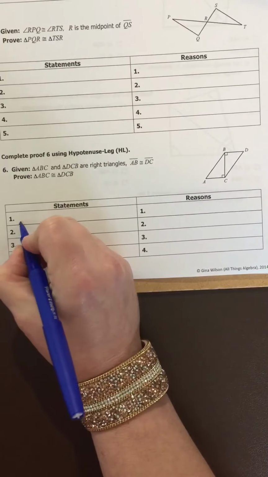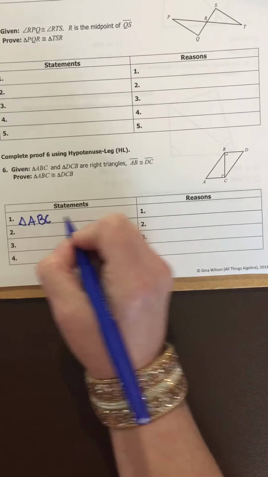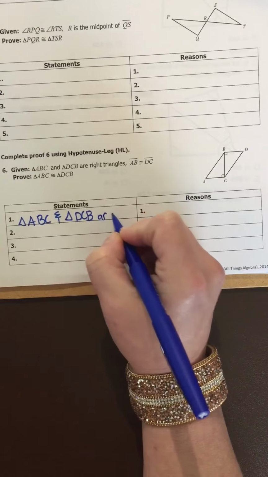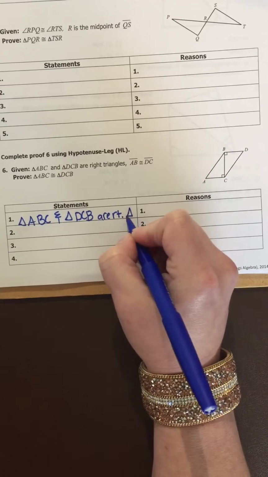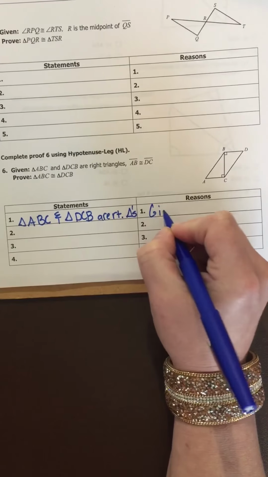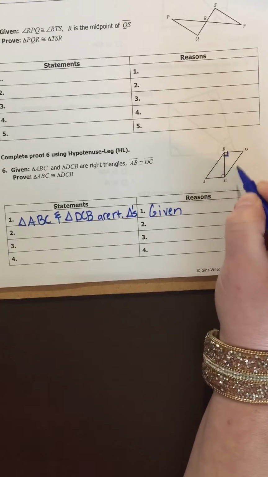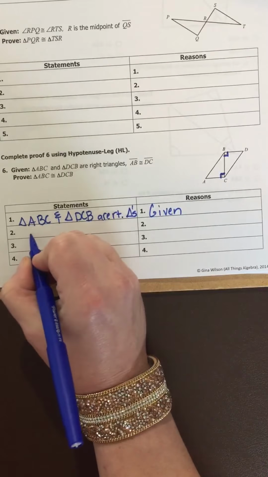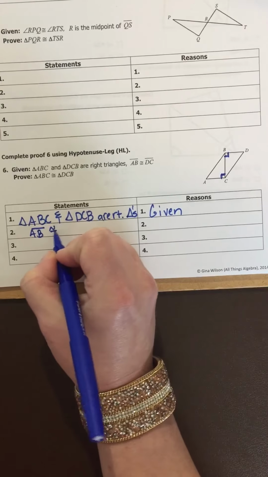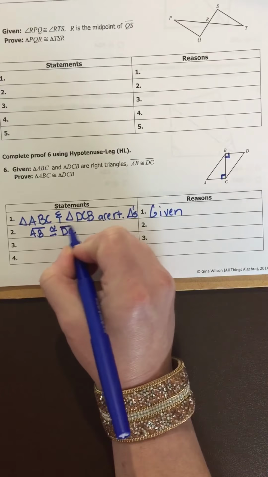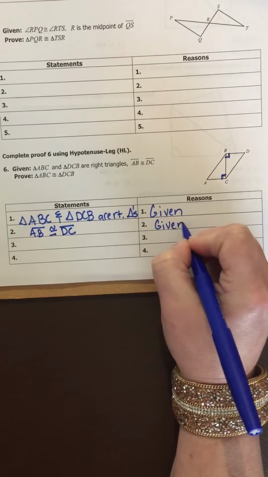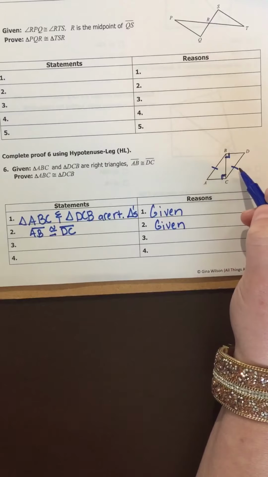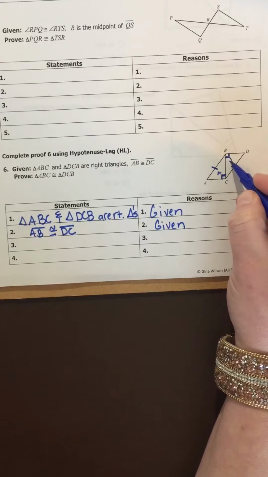It says given, and we have triangle ABC and triangle DCB are right triangles. That's given. They've already put my little 90-degree marks over here, so that's wonderful. All right, they also give me that AB is congruent to DC. So let's go over here and mark that up. So AB is congruent to DC, and that's the hypotenuse, and I know it is because it is directly across from that right angle.